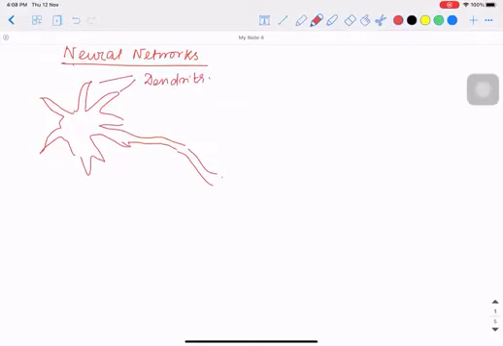I don't remember the exact term, but I think dendrites. These spikes get senses from the environment, for example heat, and then these signals pass through the actual cell. So this is the cell, and then it activates the neuron, the nucleus.